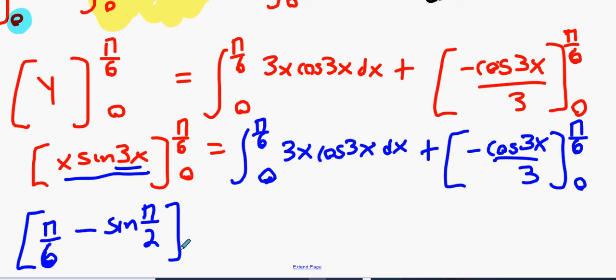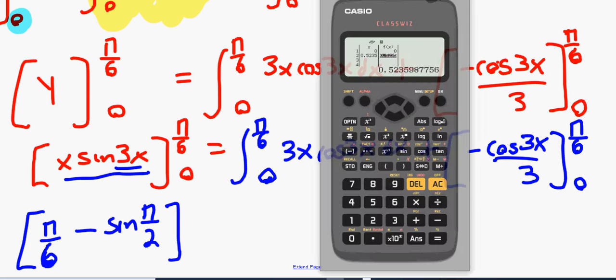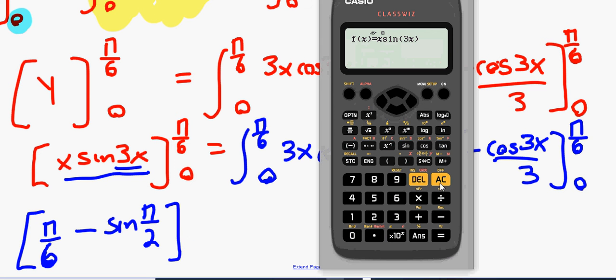It's 1, is it? X sine 3x. Is it 1? Alright, cool.